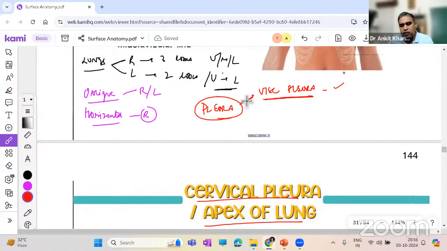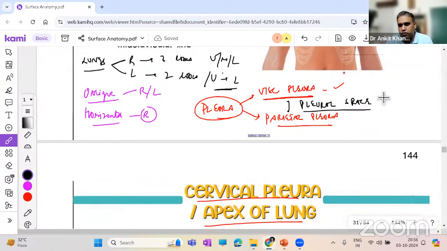The other pleura, which is clinically important, is the parietal pleura. It is slightly separated from the visceral pleura, slightly away. Between these two is what is known as the pleural space or pleural cavity.